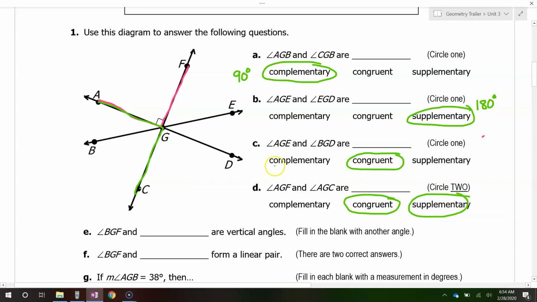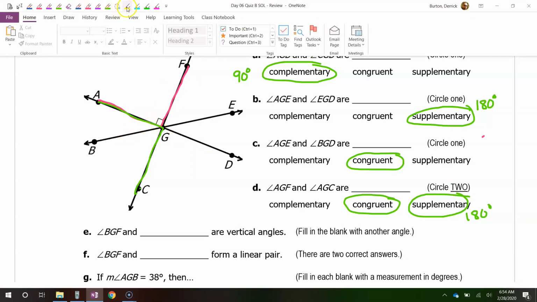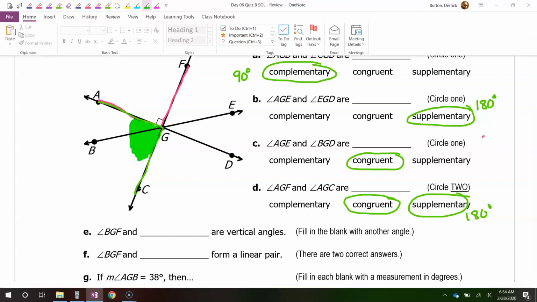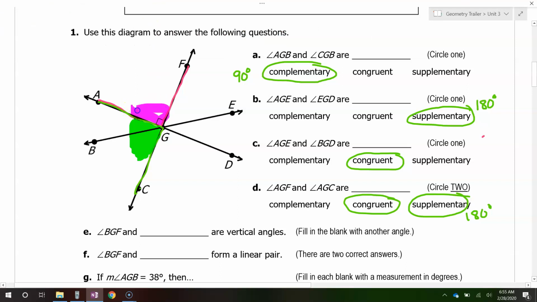They're going to be supplementary because they add up to 180 degrees. This is a linear pair. So you can see that this angle and this angle, when you put them together, they're making this straight line.